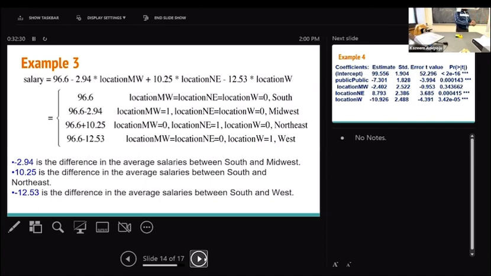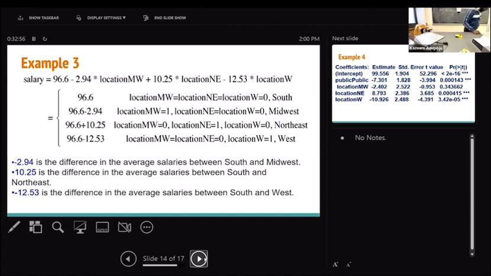Now we're considering region in the United States: Midwest, West, South, and Northeast. And we're looking at the effects on the salary, whether each region has the same salary. Does that make sense? We're looking at the effect of region on salary.